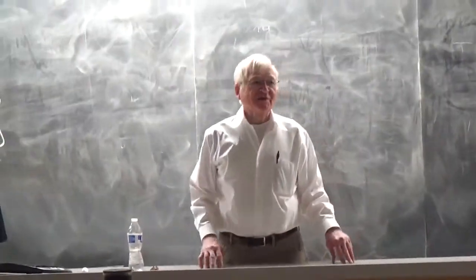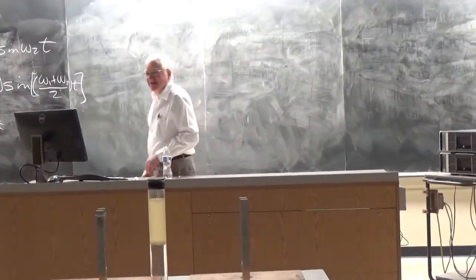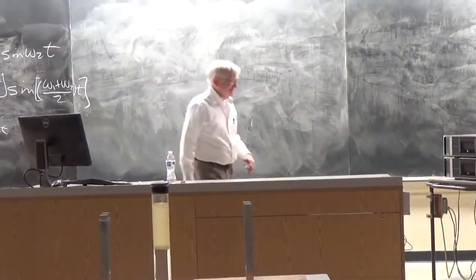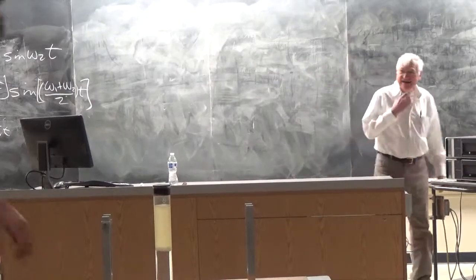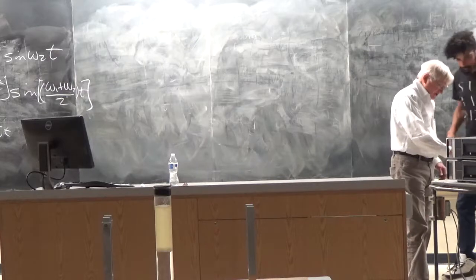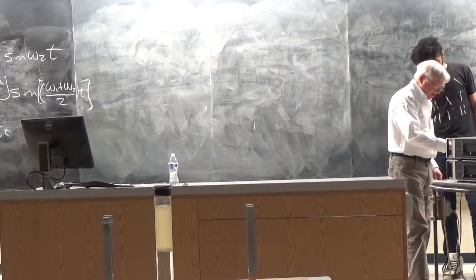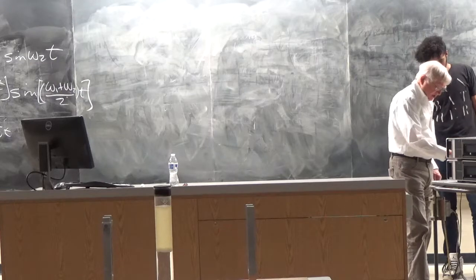If one of you is musically inclined and wants to play something, be my guest. Oh boy, all right. Let me show you how we turn it on. You turn it on there and there. The signal's going from this one, going out there.